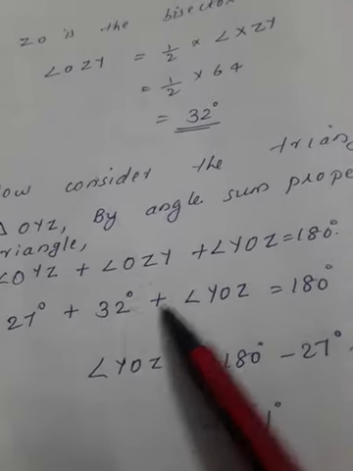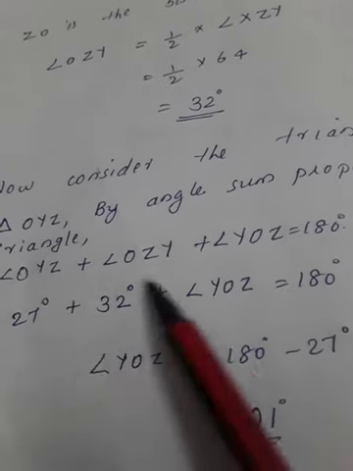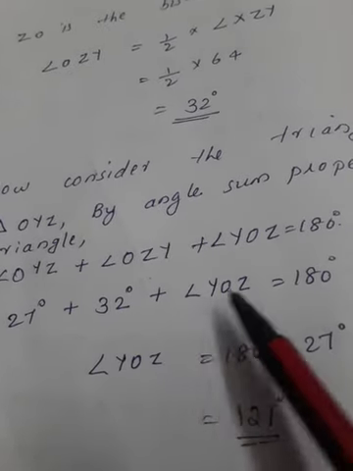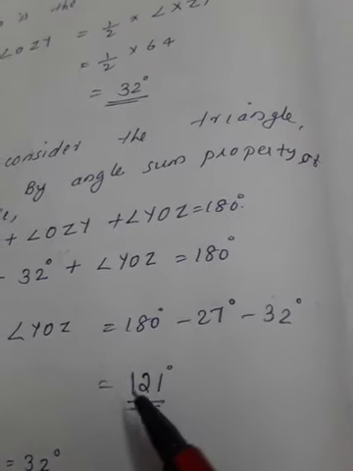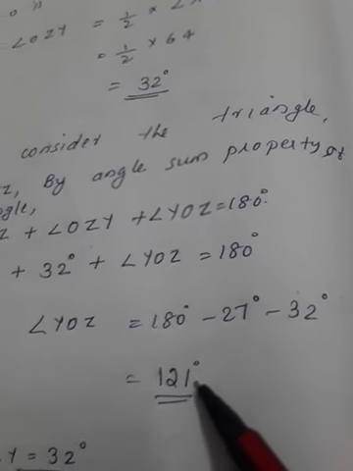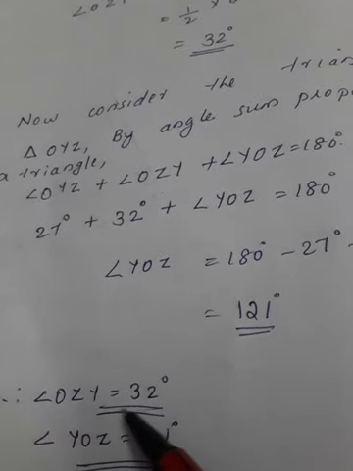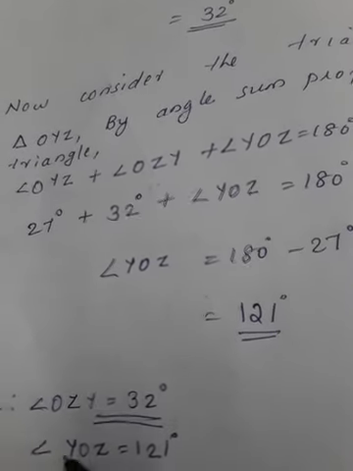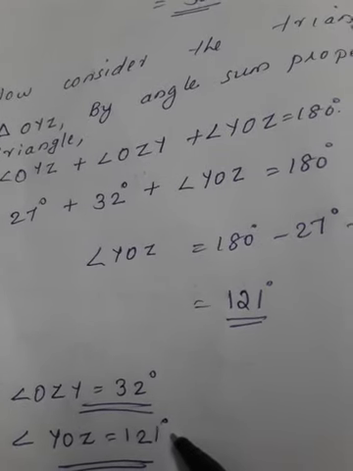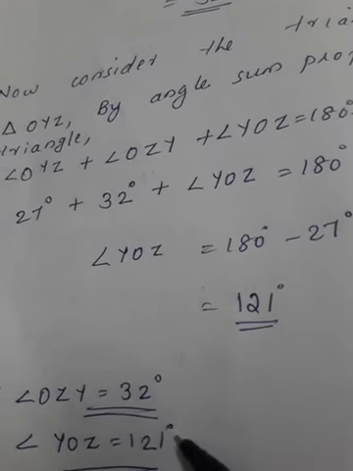Substitute the given values, OYZ 27, OZY 32. Then YOZ equals 180 minus 27 minus 32, that is equal to 121. So here we got the values of angle OZY equals 32 degrees and angle YOZ equals 121 degrees.